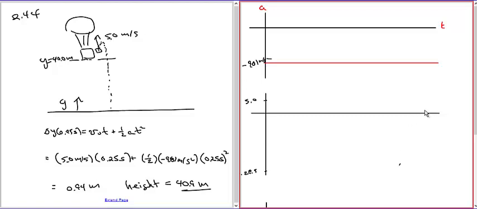And let's say this is the final time when it hits. So we're just going to draw a straight line from here down to there. So this is the peak. So it's going up, it reaches the peak, and then it goes down, hits the ground.